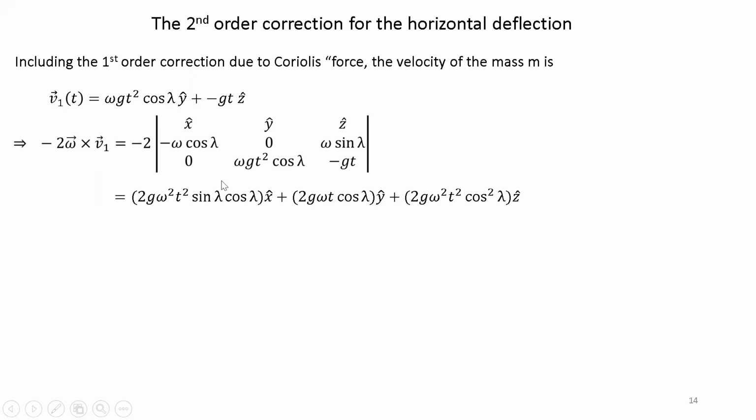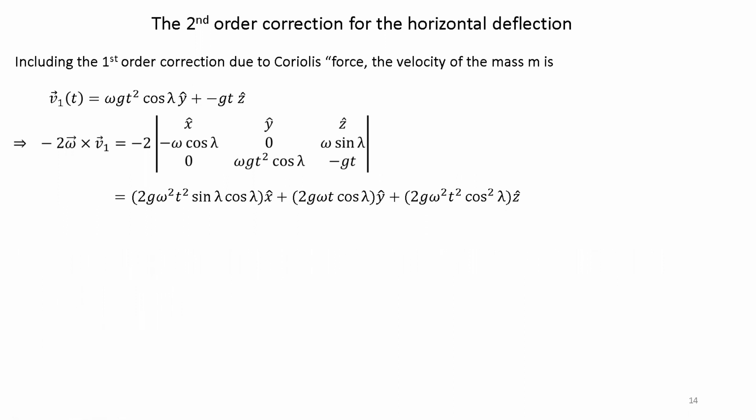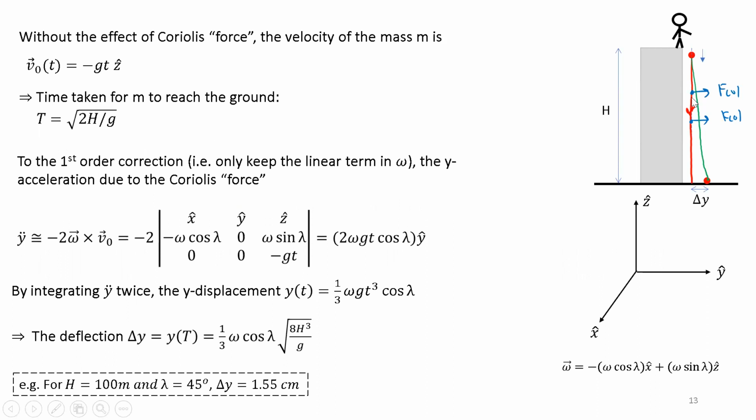Then, well, now you see it's actually getting more complicated. So x, y, z components come out. Now you see that there is an x hat term. This is new. You didn't see this in the first order calculation. In this picture, you just have this deflection in this way.